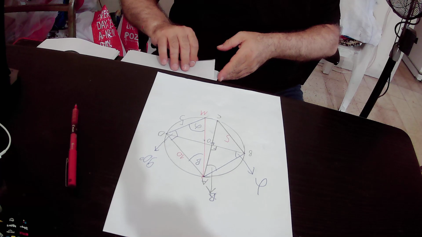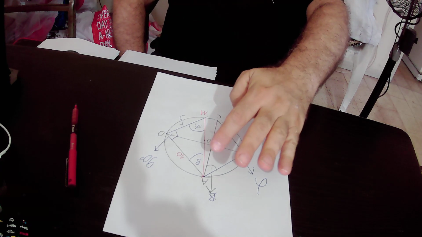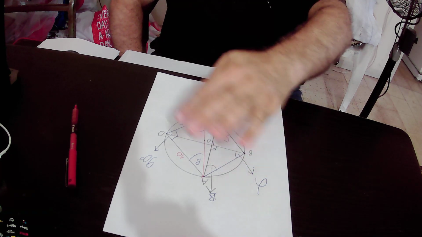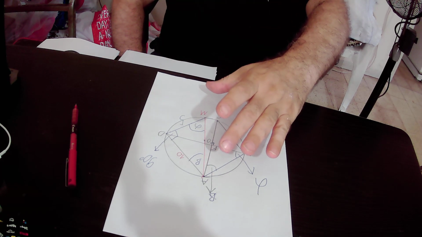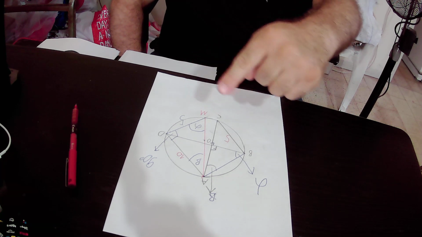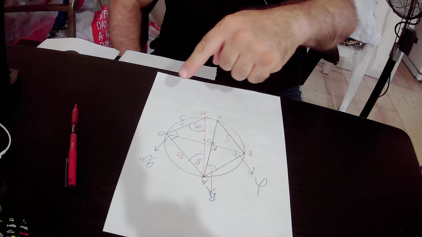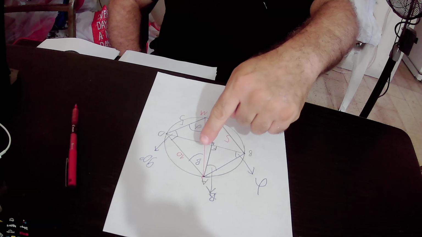So in the triangle ADM, ADM is a right triangle because angle ADM equals 90 degrees. In this triangle, we defined angle AMD as alpha and angle MAD as beta.